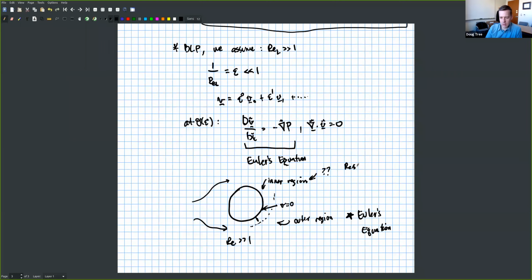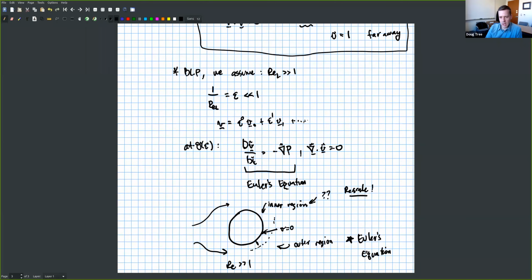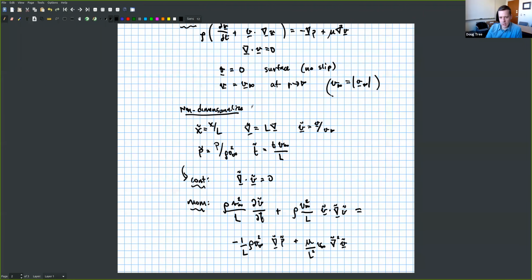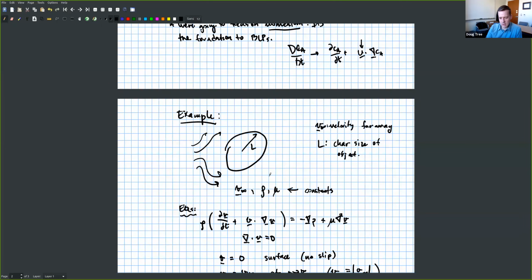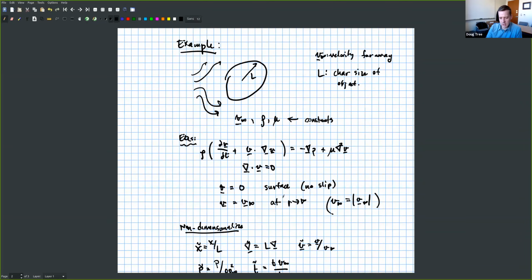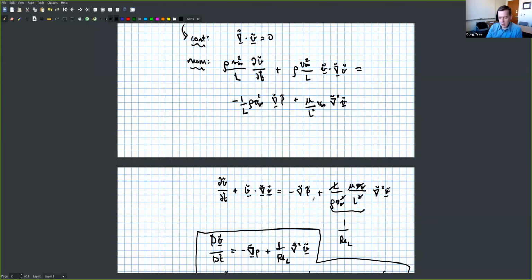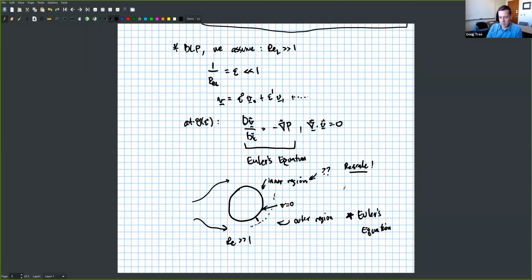If you recall, we had a variable before, and we did the same thing here, where we used the length scale of the entire object as our characteristic size, and that comes out in our Reynolds number here. But remember, when we did this problem with the singular perturbation before, we had to pick a little length scale. We didn't know what it was, but we had to guess at it.